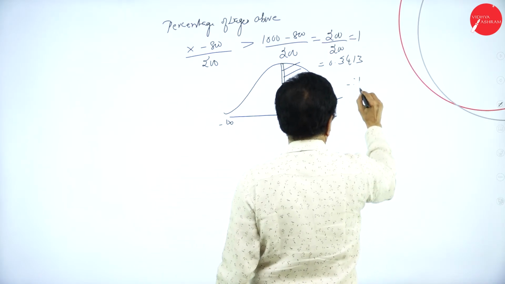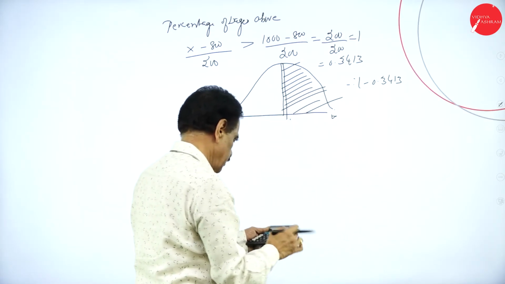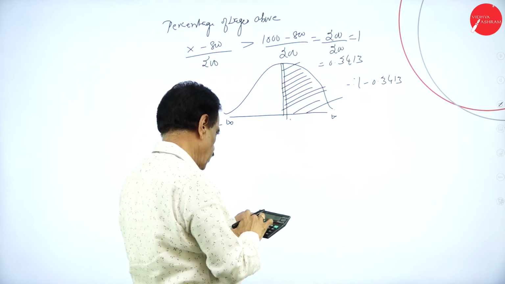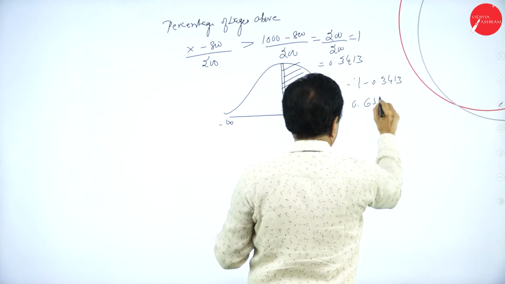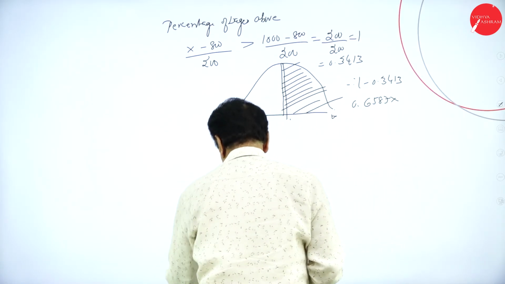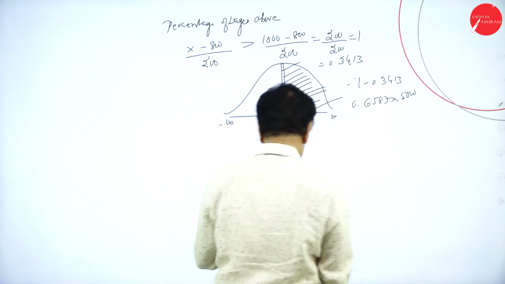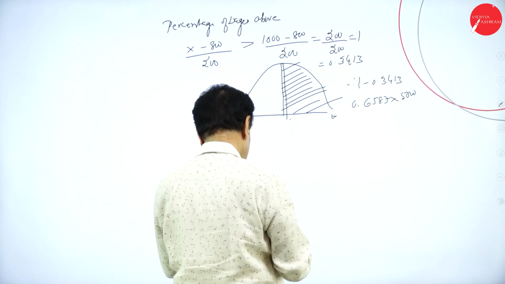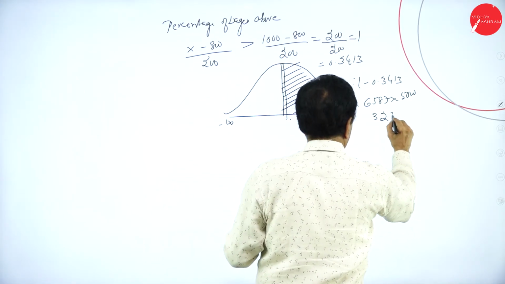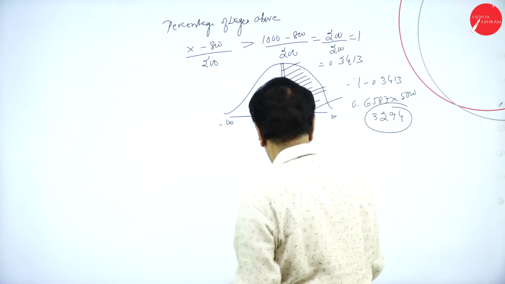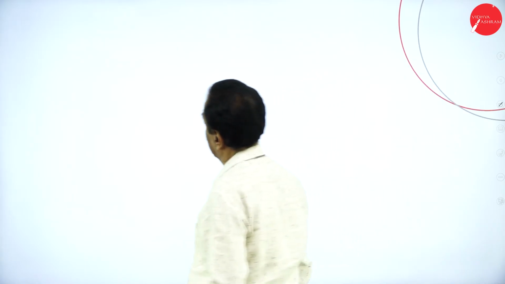Therefore, 1 minus 0.3413 is 0.6587, into number of workers 5000, that is 3293 or 94. So more than this side, infinity. I took the 1000 now, okay.